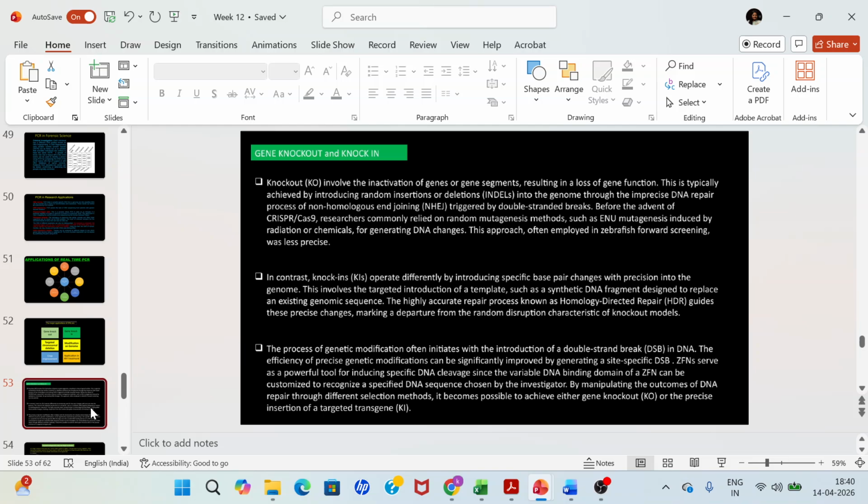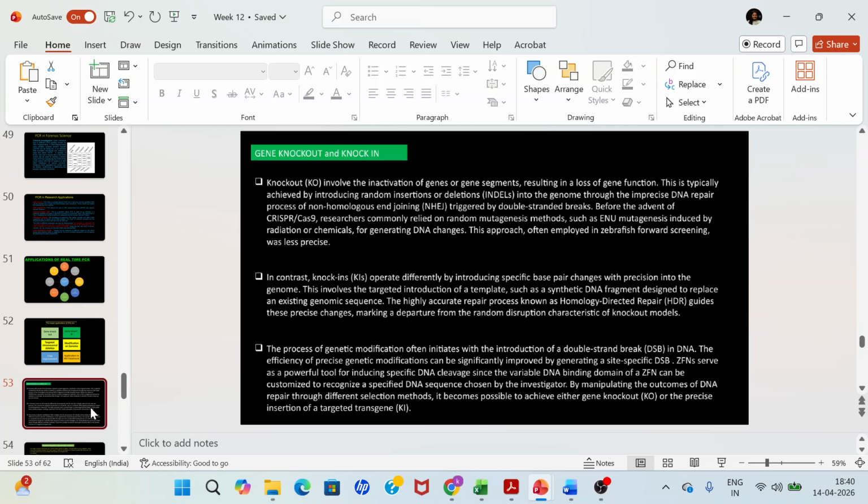Before the advent of CRISPR-Cas9, the researcher community relied on random mutagenesis methods such as ENU mutagenesis, induced by the radiation or chemicals. So UV light can also cause mutations, so you should protect yourself from UV light. Okay? For generating DNA changes, this approach, often employed in zebrafish following forward screening, was less precise.